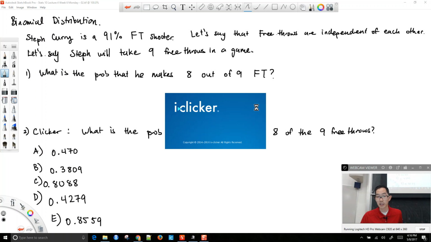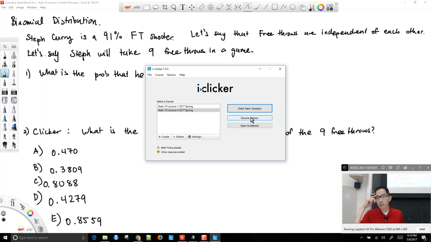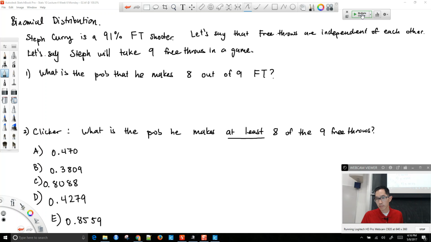Let me get the clicker software running. Okay, go ahead and work through this. If you need to talk to your neighbor, you can talk to your neighbor about the answer. And if you're watching online, I'm going to pause the video here. So get your clicks in. Click, click, click. Okay.